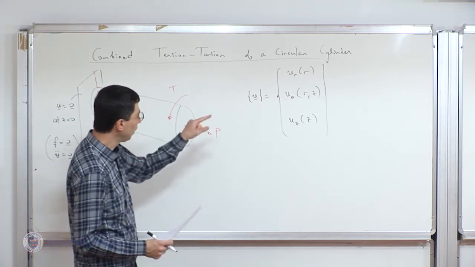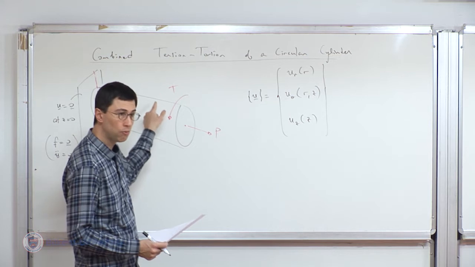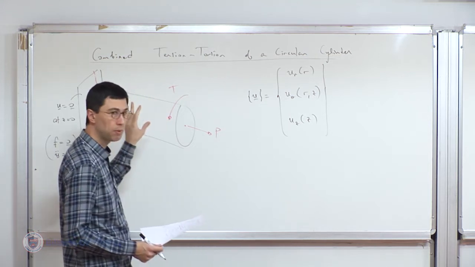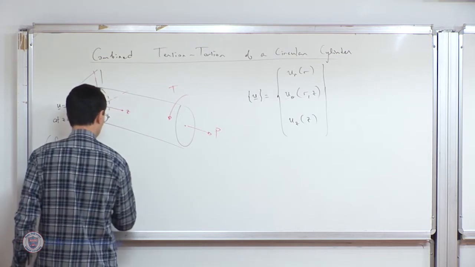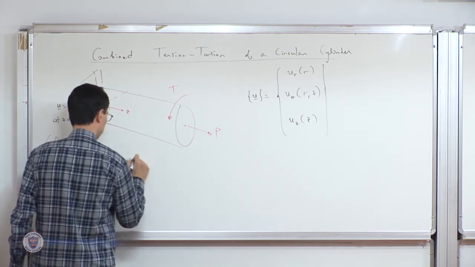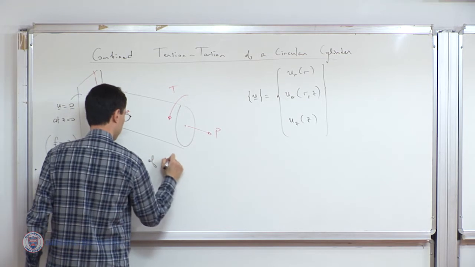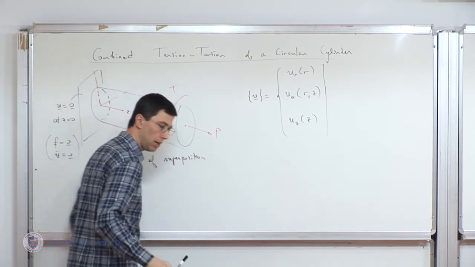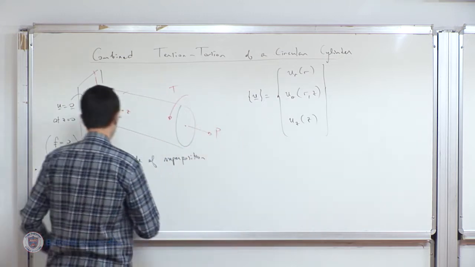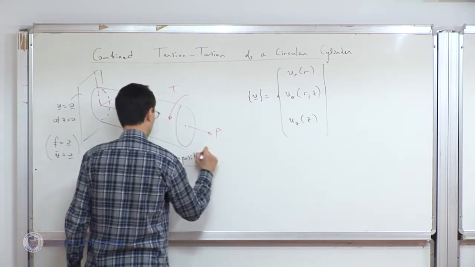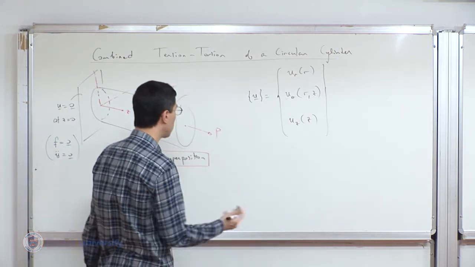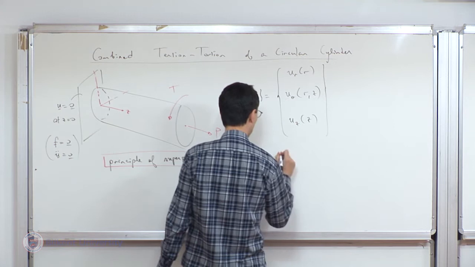So now, if I would like to find that solution, I don't need to go from scratch, right? What I can do is remember that there's something called the principle of superposition, which we applied numerous times in ME 231 and ME 232, right? In this case, the way the principle of superposition applies is by observing that I already solved two problems.